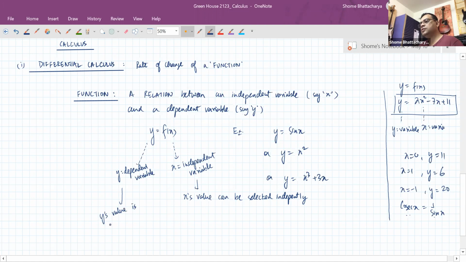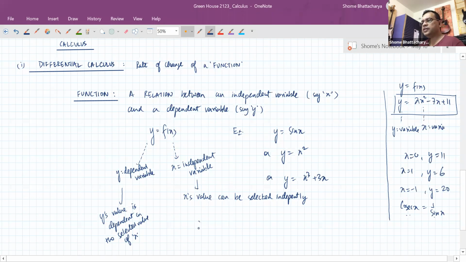Sir, it means that whichever variable is there on the left, it can be dependent. Yes, that will be taken as the dependent variable. So y's value is dependent on the selected value of x. Sir, we can say like that, no? Okay, f is the function that tells how x is related to y.